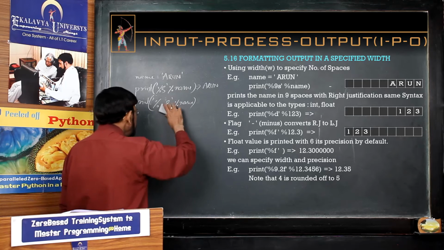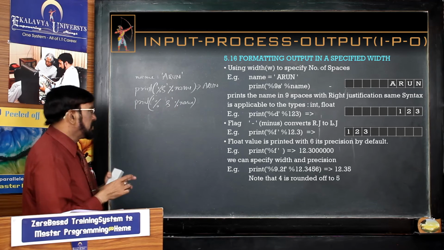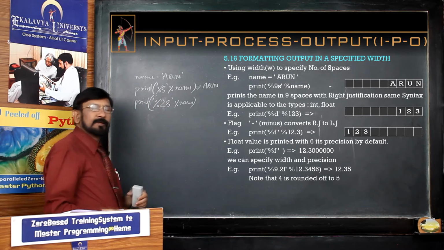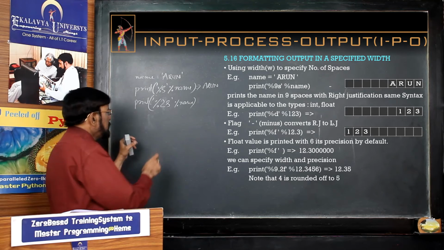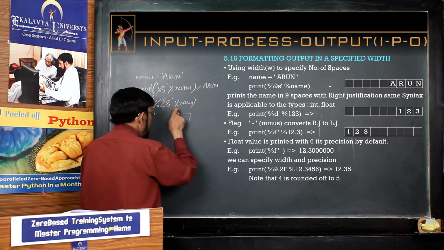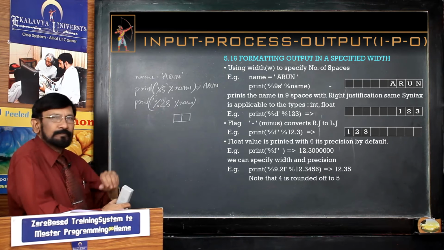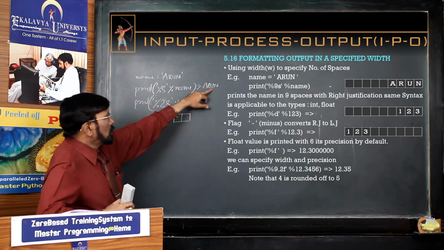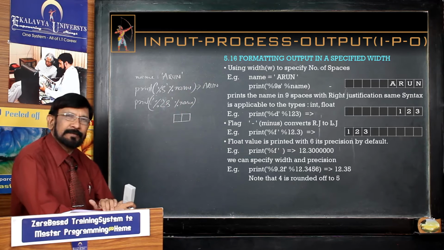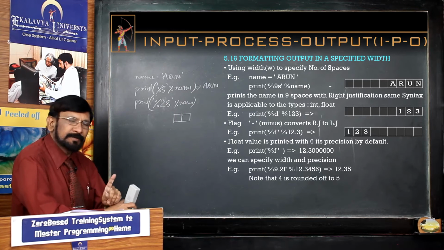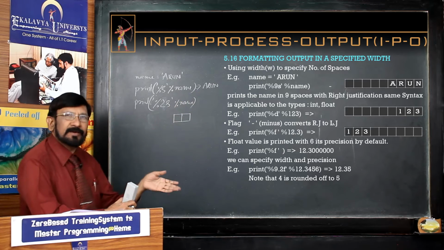But in this situation, you may get a doubt. If I write 2, if I write 2, what will happen? That means, what do you mean? I allocate 2 spaces, my width is 2. In that, 4 characters should be printed. It is not possible. Actually, because of formatting, data never be sacrificed.